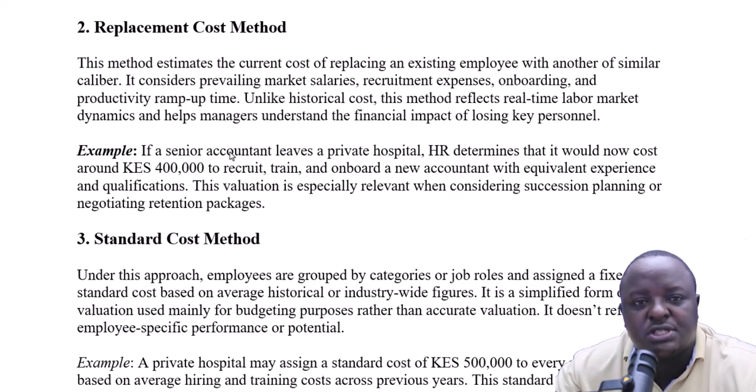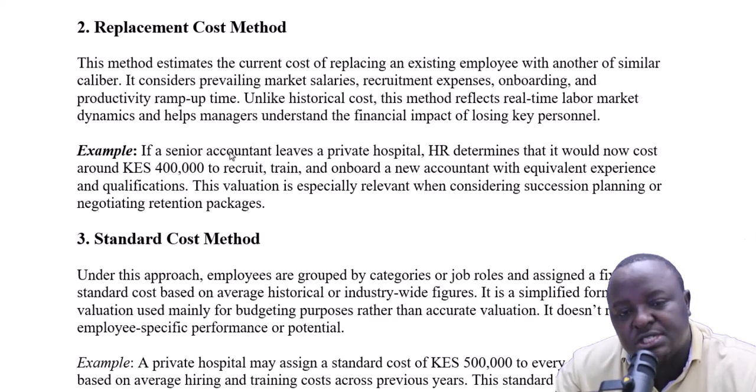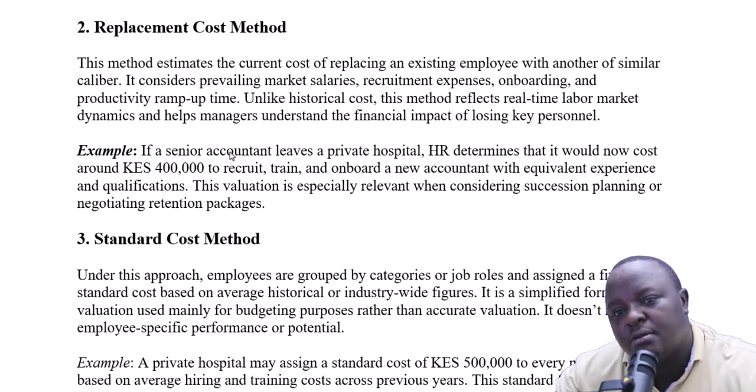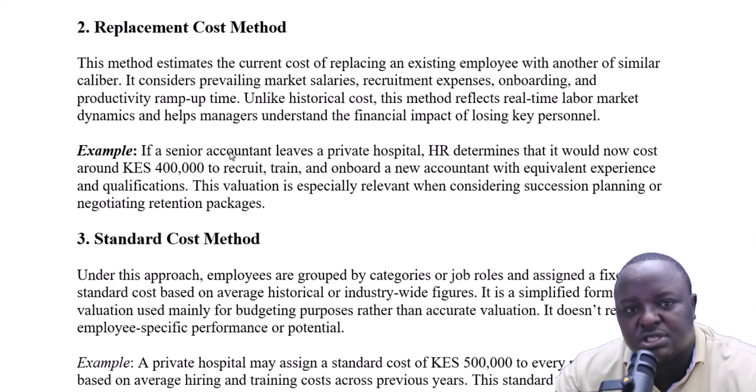It means that if replacing one position costs 400,000, then for 10 employees we are likely to spend about 4 million. So this will help the HR department and the entire organization come up with the right strategies in terms of how we can retain more employees, rather than having the replacement cost become too high.